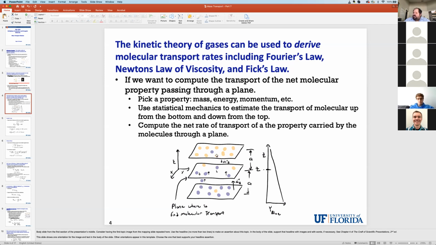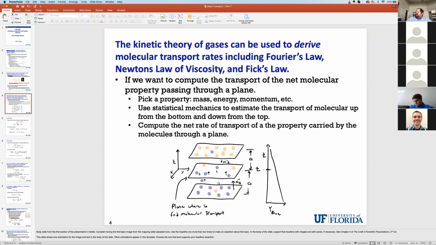We also have the blue molecules that are net migrating up through this plane, and we can use statistical mechanics to very crudely estimate that. And we also have orange molecules that are migrating down from the top on net, so we can use statistical mechanics to estimate the net flow of these orange molecules down from the top.